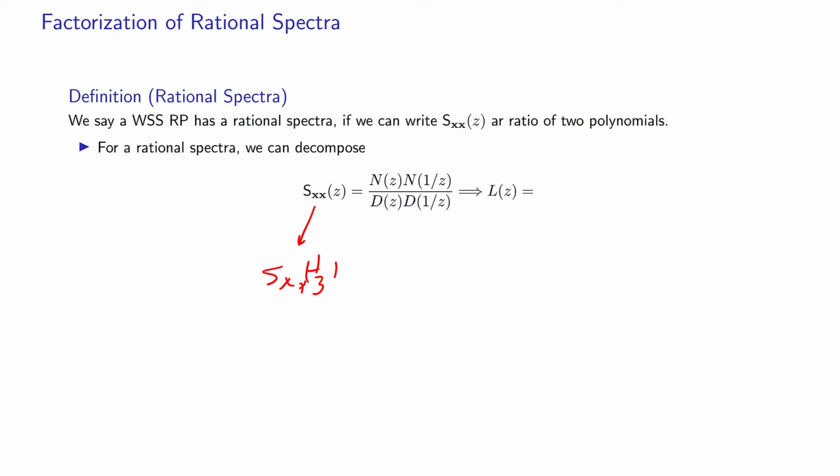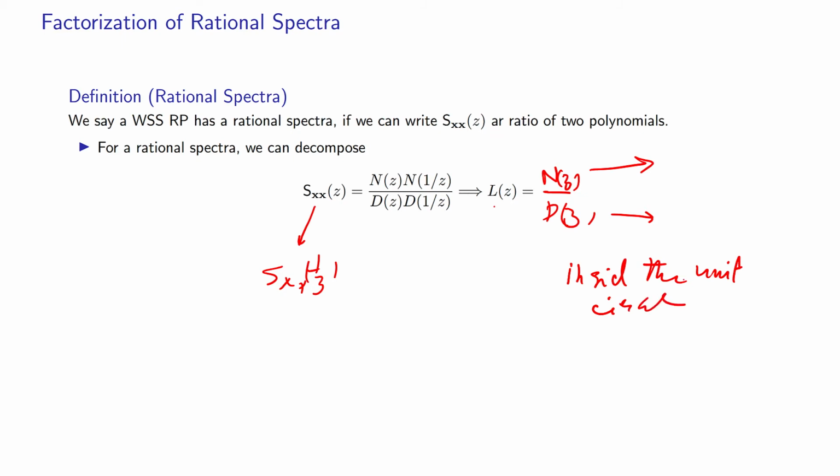So L(z) will be equal to N(z) divided by D(z), such that N(z) and D(z) inherit all and only the poles and zeros which are inside the unit circle. The region of convergence includes the outside of the unit circle, so this guarantees that L(z) is both invertible and causal.